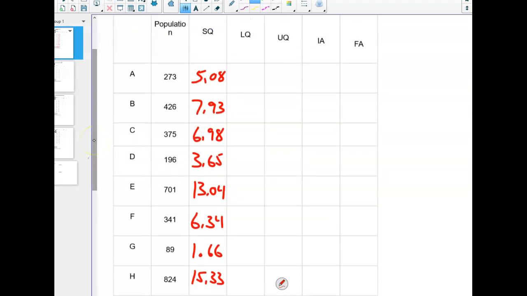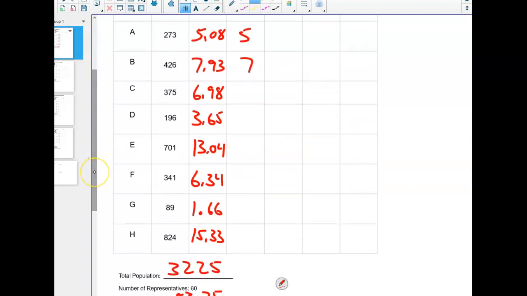Now my lower quota. My lower quota is literally rounding the number down to whatever number's in front of the decimal point. So that is 5, 7, 6, 3, 13, 6, 1, and 15.